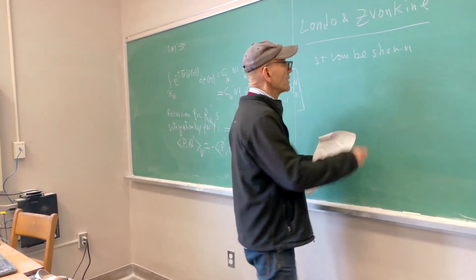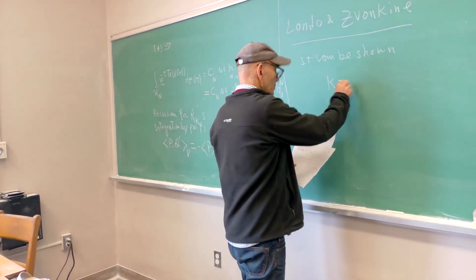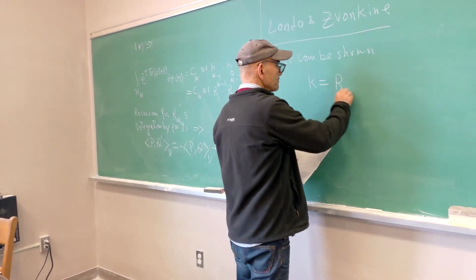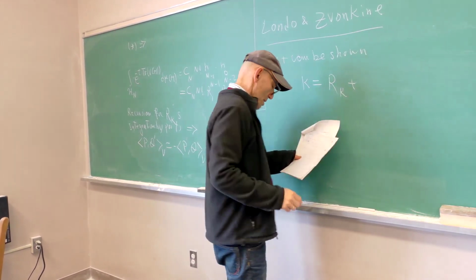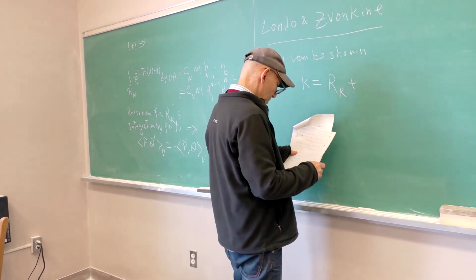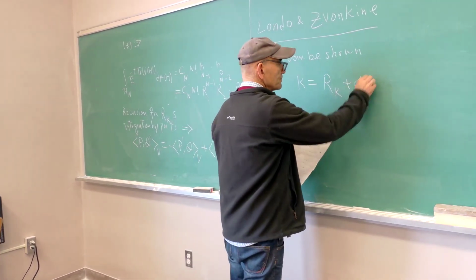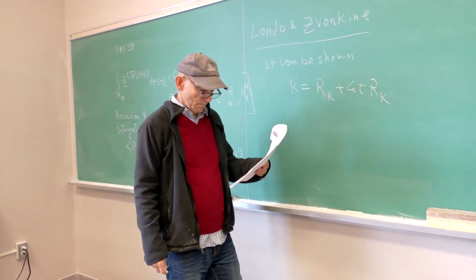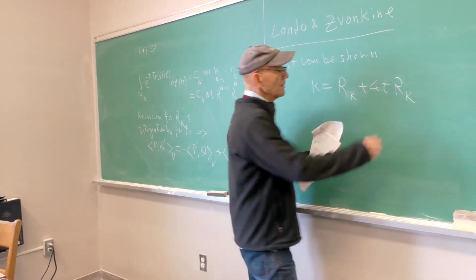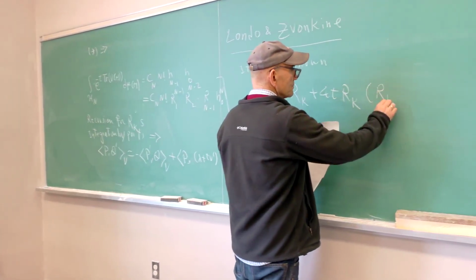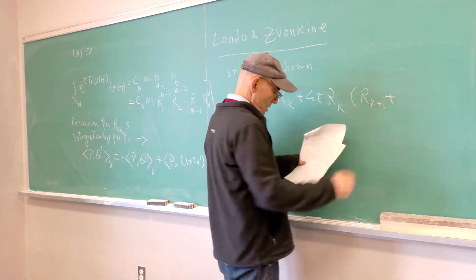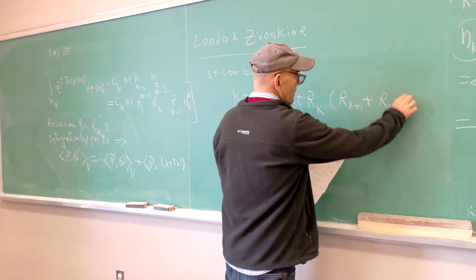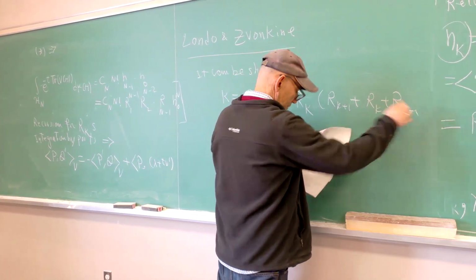It can be shown that we have this equation: k is equal to Rk, oh sorry, Rk, times the derivative terms, times Rk plus 1, plus Rk, plus Rk minus 1.